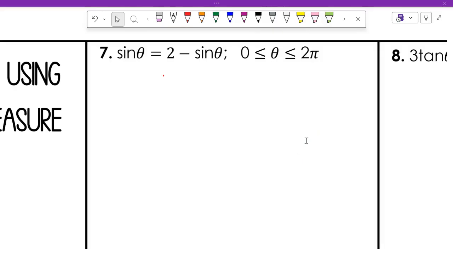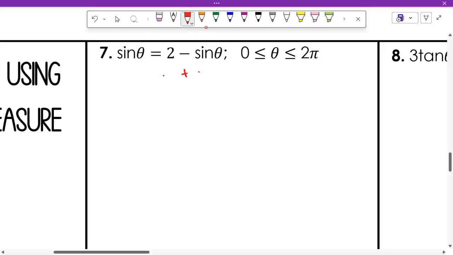All right, so on the back side here, we have radian measures. We know for sure it's radian measures because if I look at what it tells me for my domain for my theta, it says it's between 0 and 2 pi. That's not degrees, that's radians. And so right here, if I was to solve this again, I'd go ahead and get all of my trig functions to one side because I've got to combine them together to isolate them.